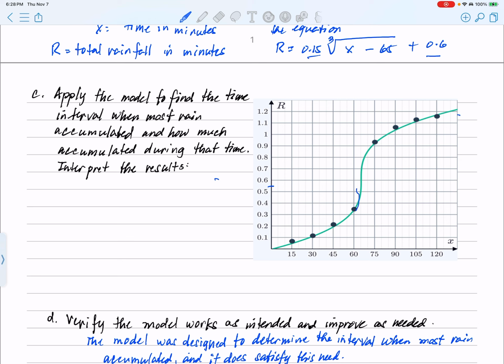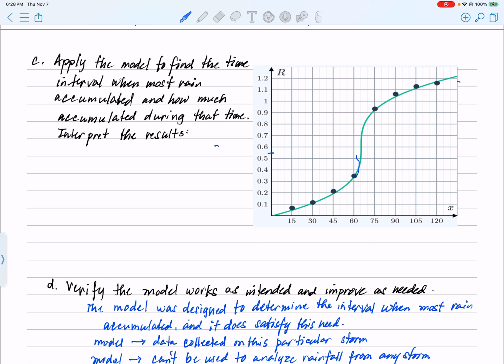So according to our model here, the center could be x equals 65. So 60, 75, so this might be 65 right here, and this will be 70. So if I move this up, it could be here at this point.